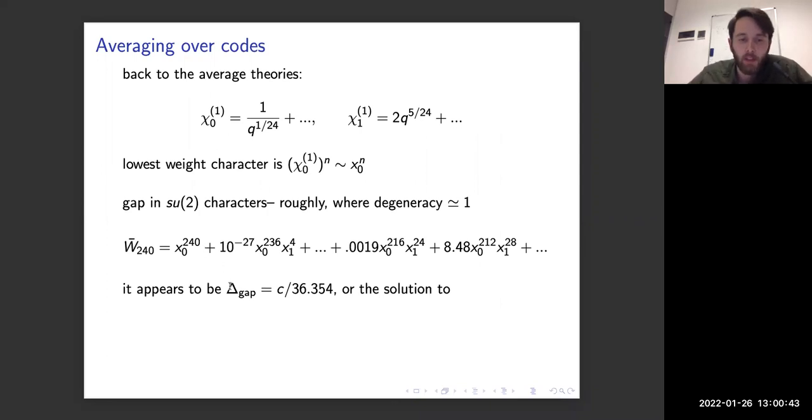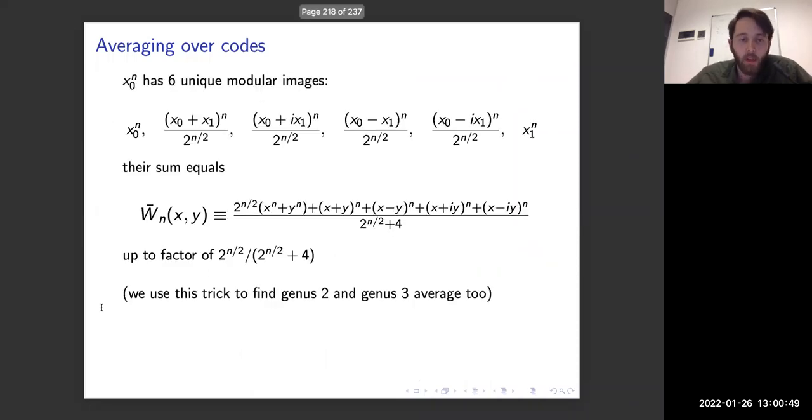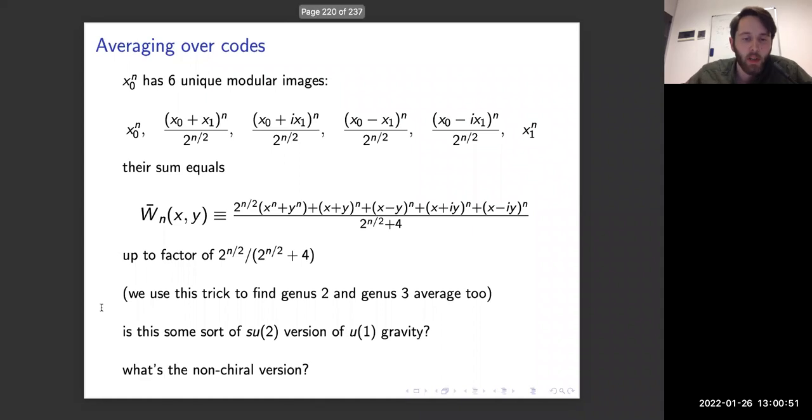To us, based on this delta gap scaling with C, we're guessing that this is some SU2 version of the average story.